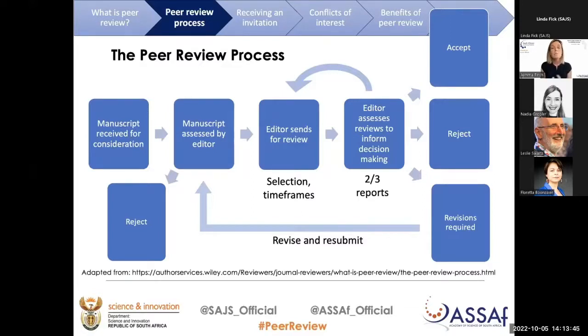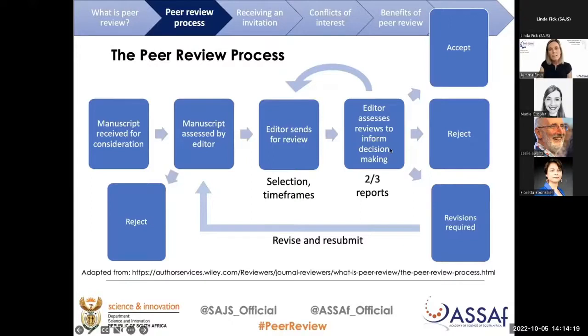And then the editor will send out invitations to peer review. And we don't send out loads and loads of invitations at a time. Normally we'll invite 2 or 3 reviewers in the hope that we can secure the 2 or 3 acceptances that we might require going forward. So those invitations are sent out, and then we wait to see whether the potential peer reviewer will accept or decline, and then we will invite more reviewers as need be.